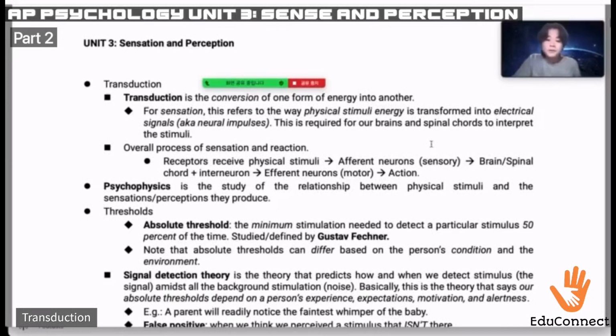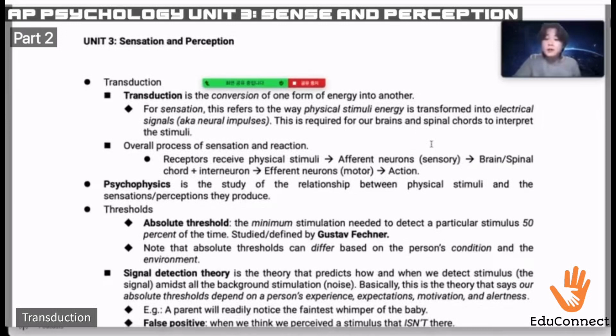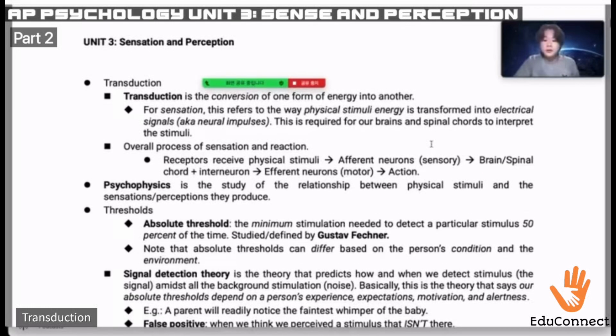Now I want you to focus on this prefix inter. Inter means in between, right? In the middle, in the midst. So interneuron means that it's in the middle between the afferent neurons, the perceiving neuron, and the final neuron, which is called the efferent neurons, with an E.